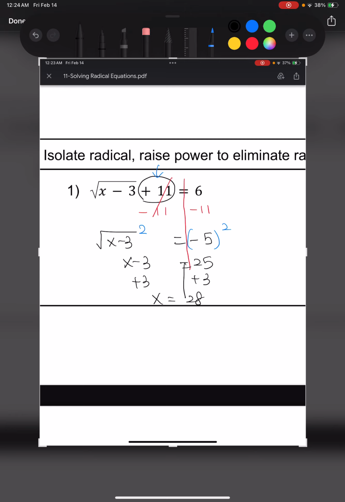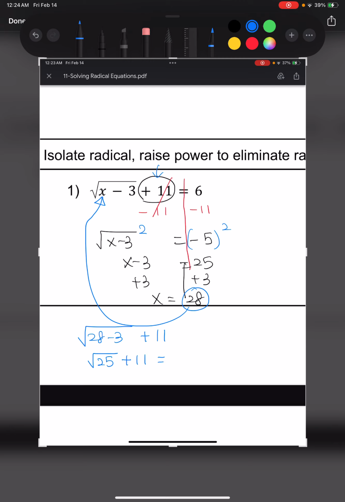So in a radical function, sometimes you have to check your answer. Luckily on the quiz, you don't have to check your answer. But if you plug 28 back in for x to see if you solved it correctly, this is going to be square root of 25 and you're adding 11.